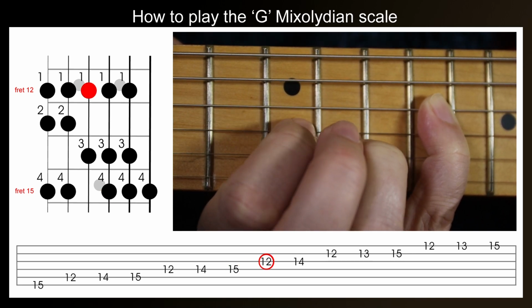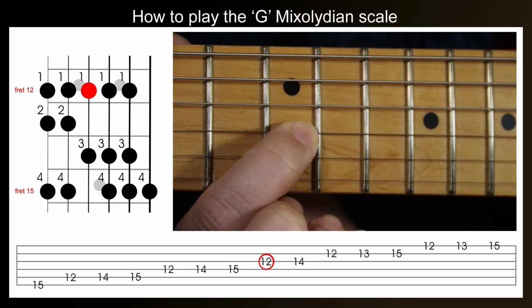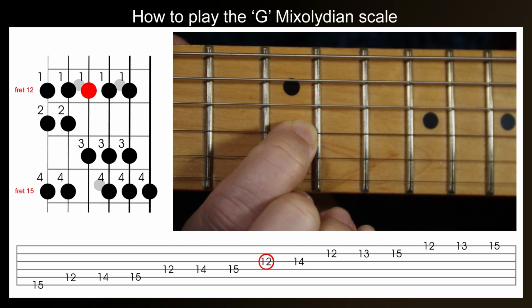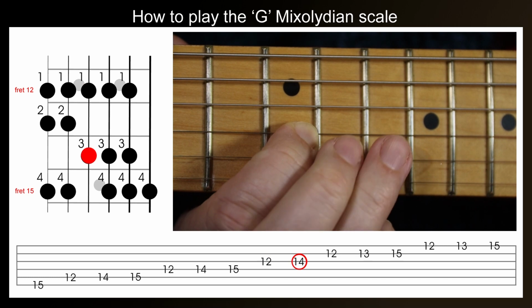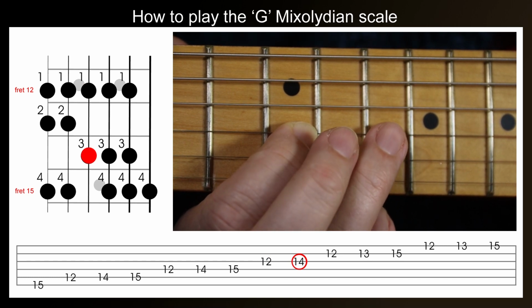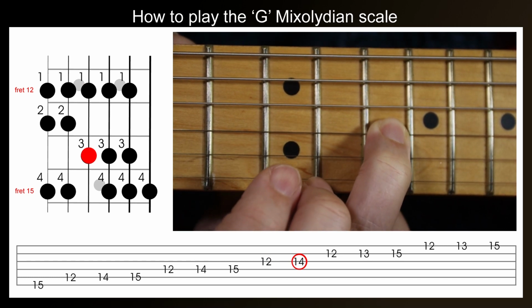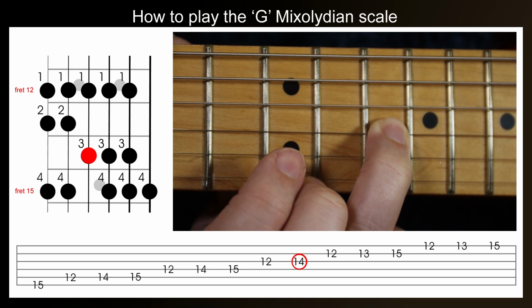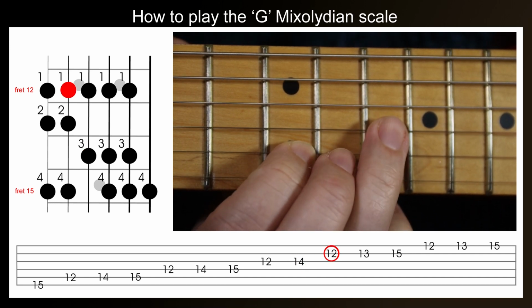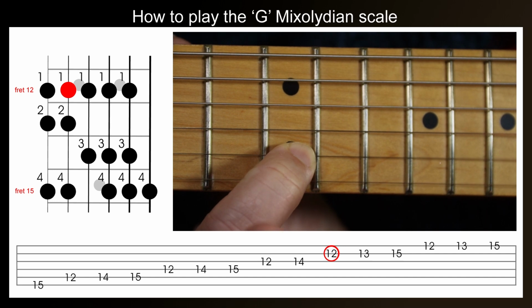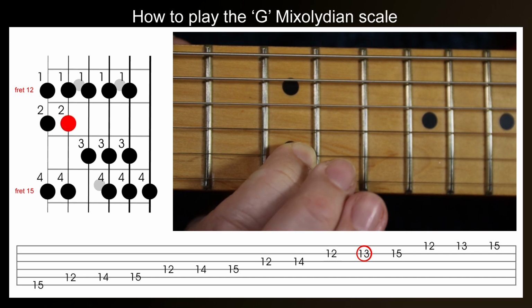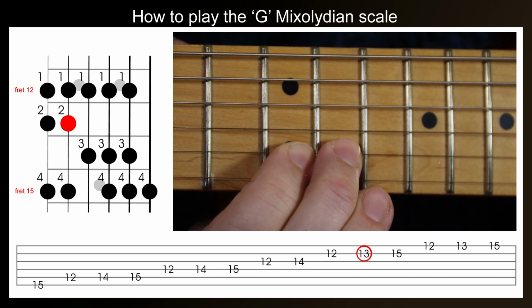Play the 12th fret of the G string with the 1st finger. Play the 14th fret of the G string with the 3rd finger. Play the 12th fret of the B string with the 1st finger. Play the 13th fret of the B string with the 2nd finger.